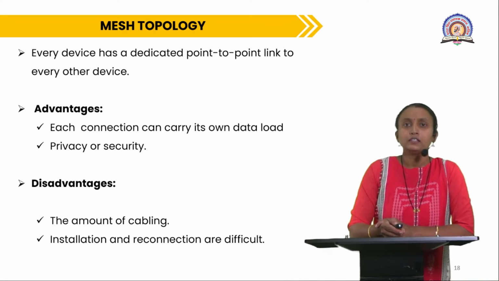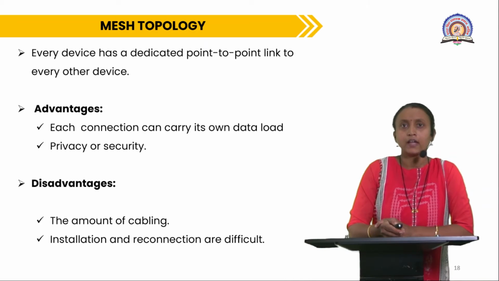If n is the number of communication devices on a network and we want to connect all those devices with each other using communication links, then the total number of links used will be n into n minus 1 divided by 2.